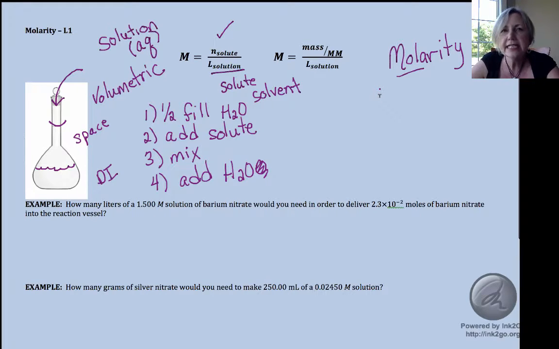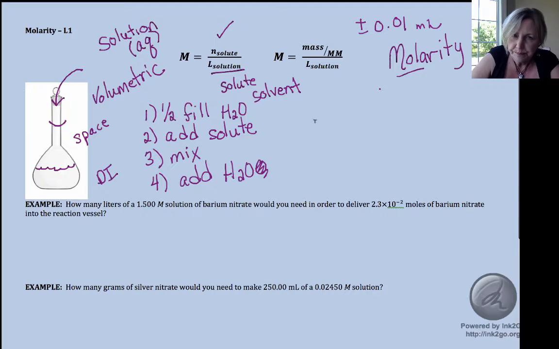They're very set volumes, and they're very, very precise. Most of them are going to be within plus or minus 0.01 milliliter. So these are very accurate analytical glassware for making solutions.